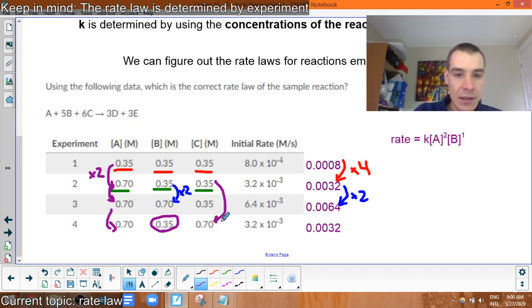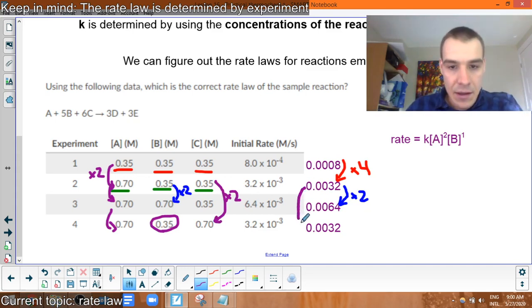They doubled times 2. And what happened there was nothing. Nothing happened. 0.7, 0.7, 0.35, 0.35. This doubled, but the rate didn't change, which suggests that C doesn't affect the rate. Changing the amount of C doesn't affect the rate of the reaction.